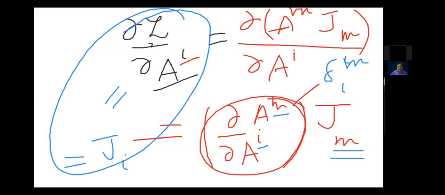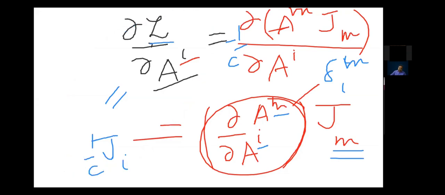Okay. Of course, there is a factor of minus 1 by c also. So don't forget that. When you write L, in L you have another factor of minus 1 upon c. So there is this term, minus 1 by c into j_i.